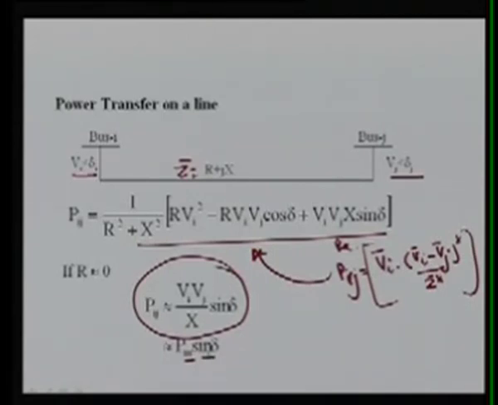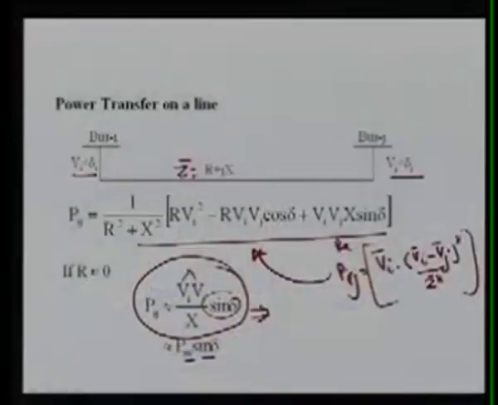So for the line or for the whole system, this formula is equally valid. You only have to remember that in this case delta is the angle between the two buses where these two voltages are. That is why I write this as P between two nodes.